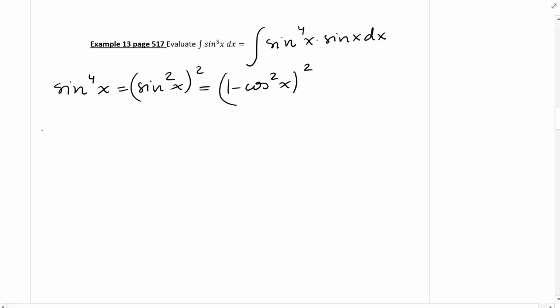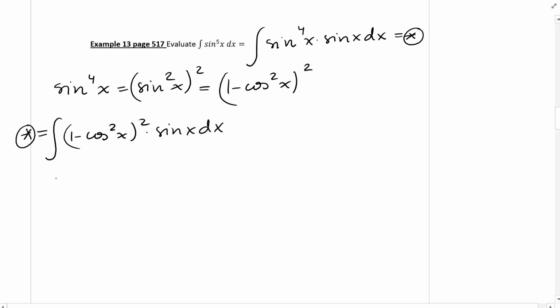Now if we introduce this back into the integral, we get the integral of 1 minus cosine squared of x, squared, times sine of x dx. If we use the substitution u equals sine of x with du equals cosine of x dx, oh sorry.